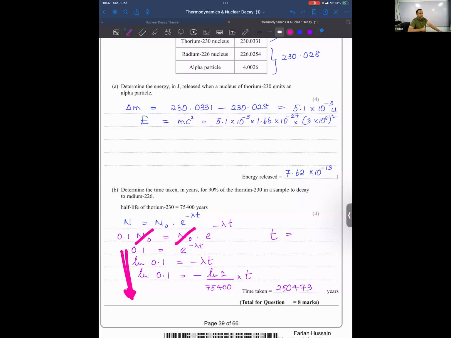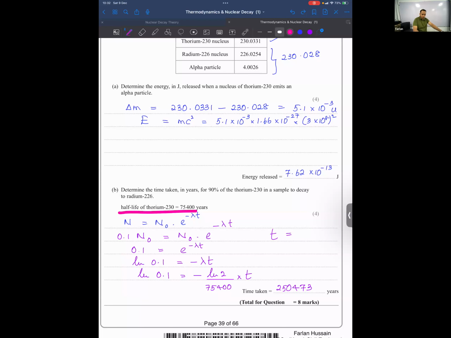If 0.1 is e to the power minus ln 2 over 75,400. What is that, sir? I don't understand that. So ln 0.1 equals minus lambda t. So what is lambda? Lambda is the decay constant, ln 2 over t half, right?